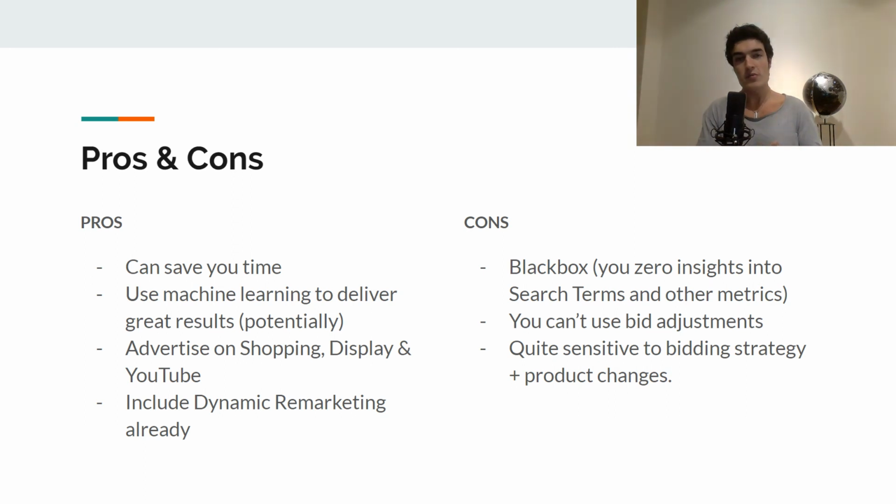But smart shopping campaigns tend to be even more sensitive because everything is automated, right? So when you change something significant, which is mostly bidding strategy and the amount of products or the actual product selection, this can harm the optimization. So I recommend to not do that too often. So don't change these every other day or something. Wait at least 7, if not 14 days before you make a very significant change like that. And then you're pretty much good to go.